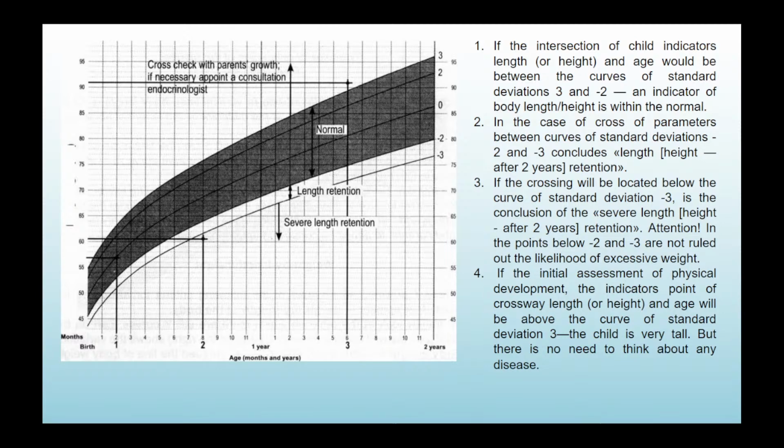Note, for example, if the intersection of the child's indicated weight or height and age is between the curves of standard deviation +3 and -2, the indicator of body weight or height is within the normal range.